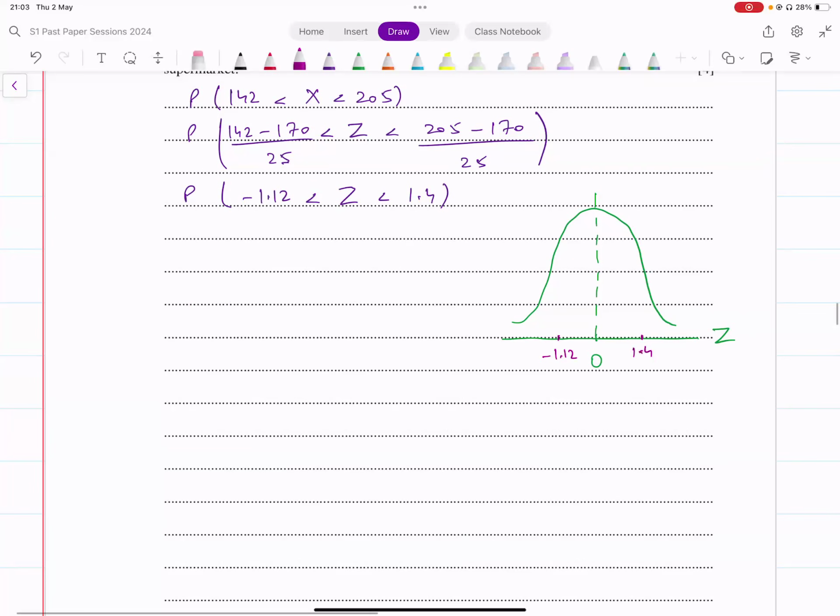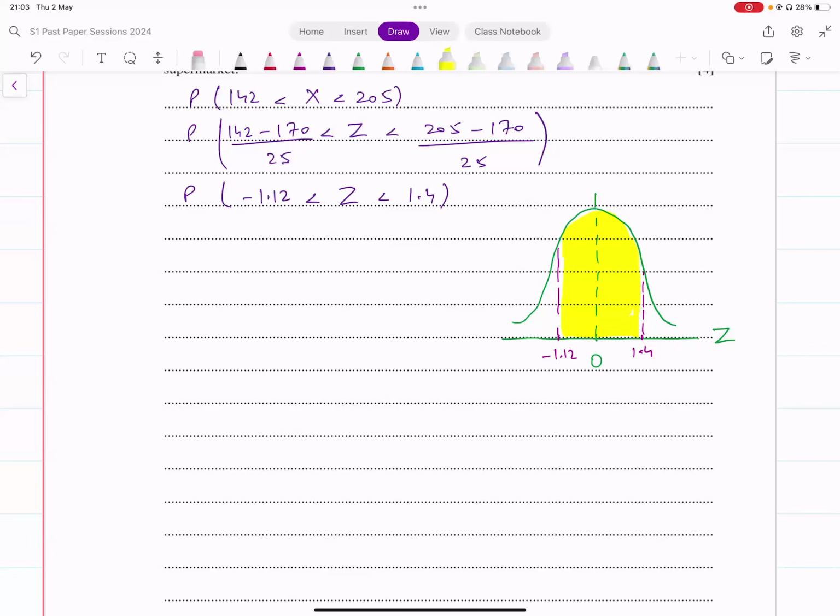What we are looking for is the area between these two numbers. This is the area that we want to find. Okay. Now, how do you find this shaded region? It's a two-sided interval. One of those values is negative and the other is positive.